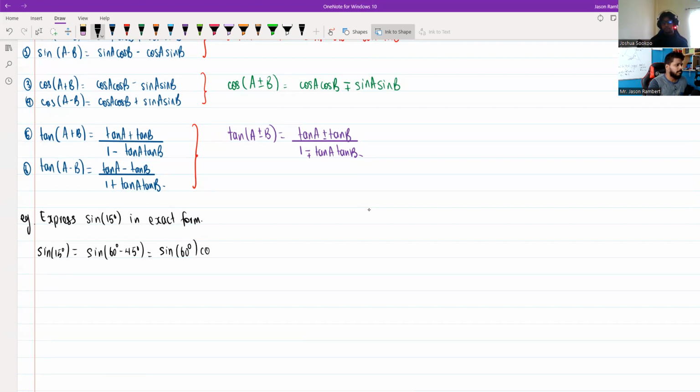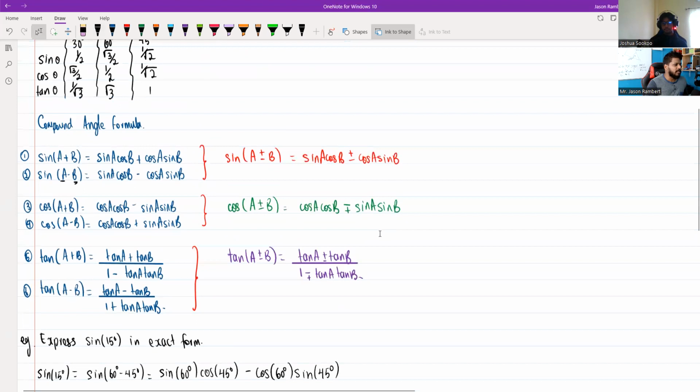Now B is not minus 45 degrees. B is 45 degrees. A is A and B is B, and they are separated by a minus.